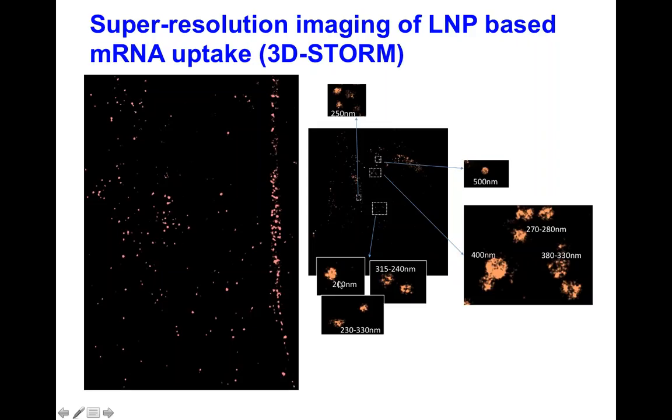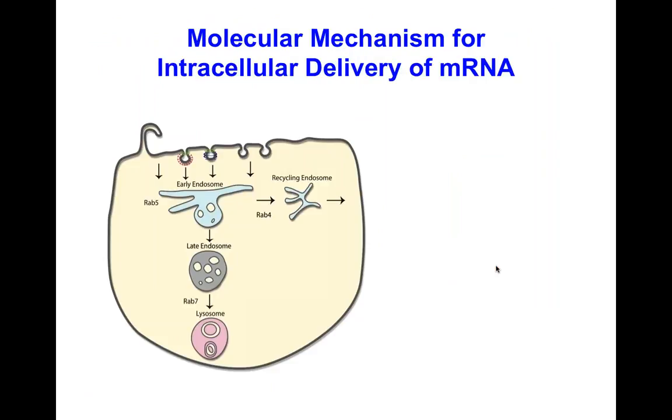And we could quantify most of the mRNA inside some kind of a vesicular structure. You could even see some fusion of different vesicles happening at a very high res, and quantify how much mRNA is in the system. So we think endolysosomal compartment still poses a challenge for mRNA delivery.